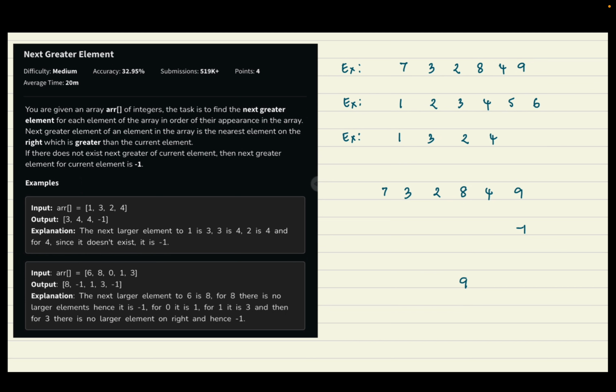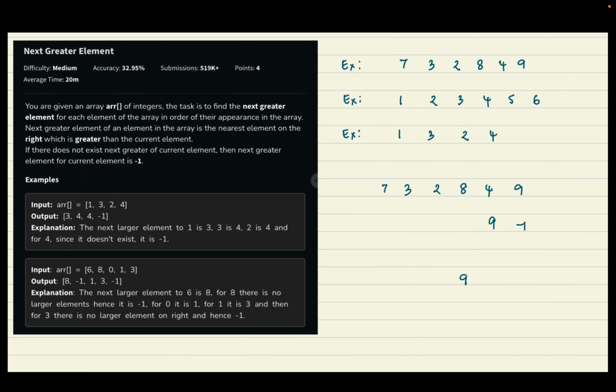So for 4, 9 is the next greatest element, so I will place 9 here. And 4 can potentially be a next greatest element for any of these numbers, so I will be placing 4 also in my search space.